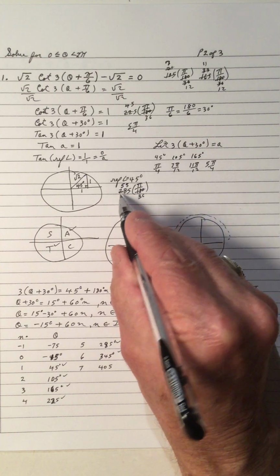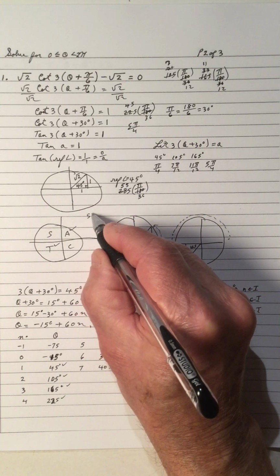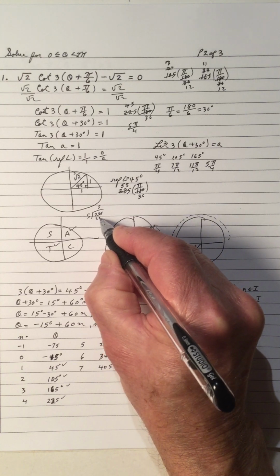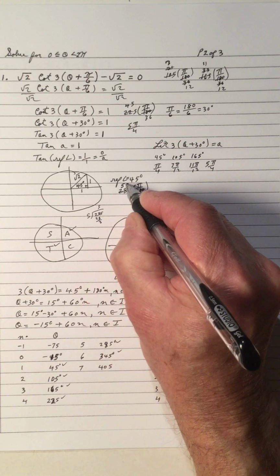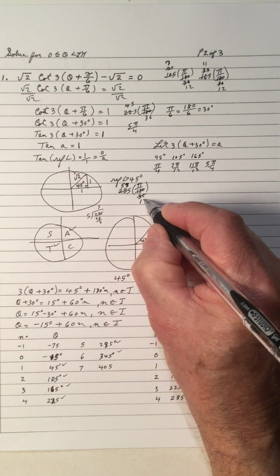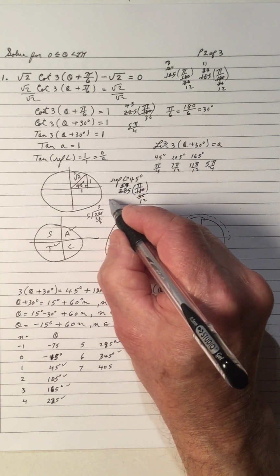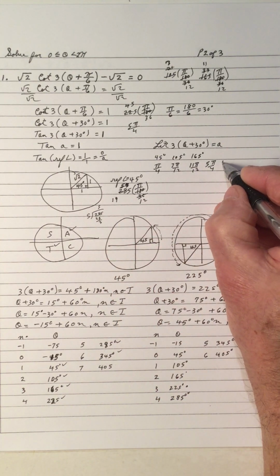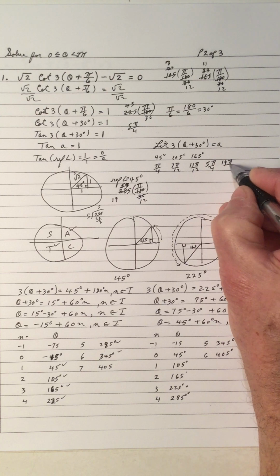Let's divide by 5. 5 5s are 25. That's 57. So 3 into that goes 12. 3 into 57 goes 19. So that's 19 pi over 12.